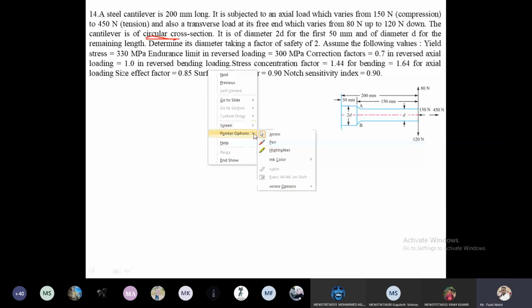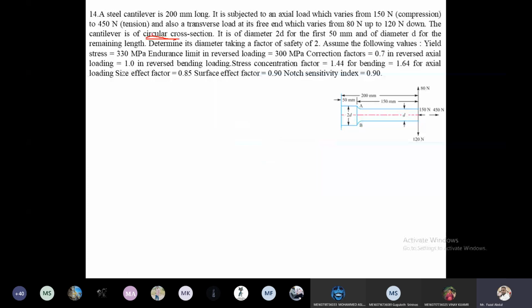Now determine the diameter of this rod, if the diameter is d for the first 50 mm and d for the remaining length. The question is, how much is the diameter of the rod?